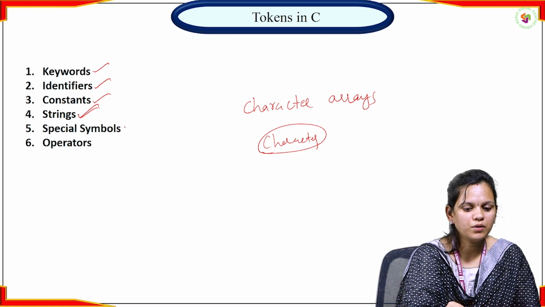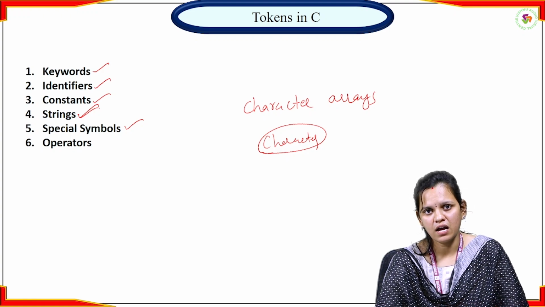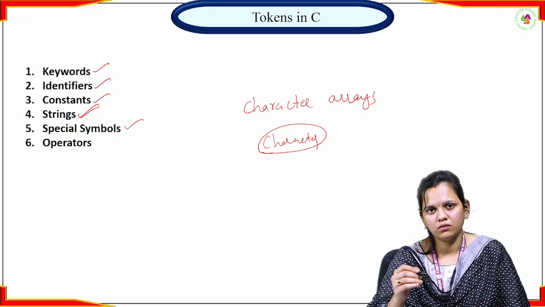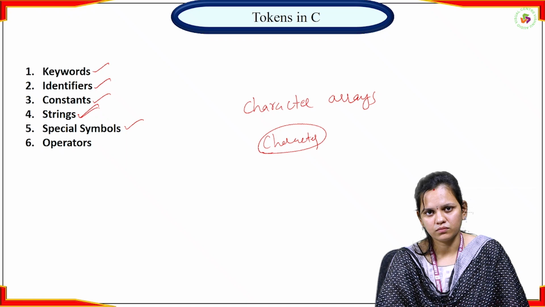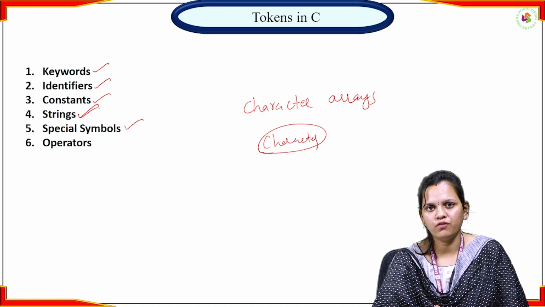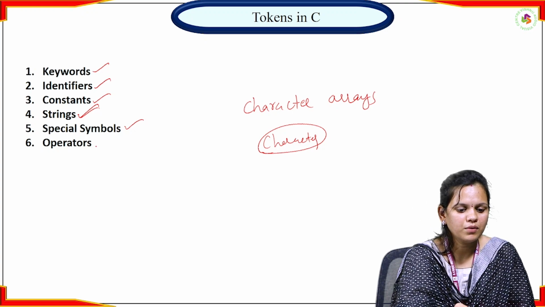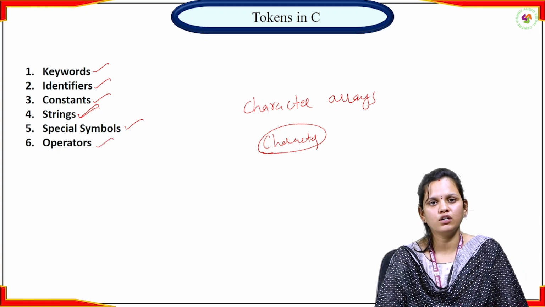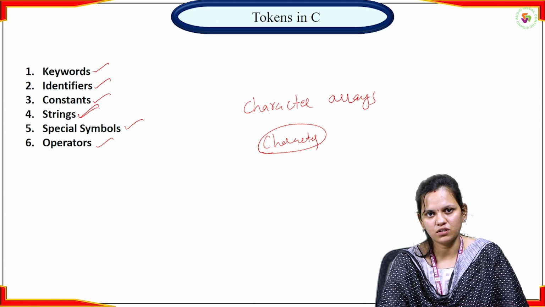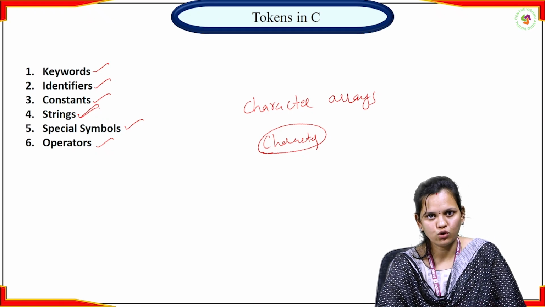Okay, and then coming to the special symbols, we'll have some special symbols like ampersand, asterisk, modulus symbol. All these symbols are special symbols. Each and every symbol has its own use in our C program. And then coming to the operators, operators are used to perform the operations. Okay, let us discuss in detail about each and every token in C.